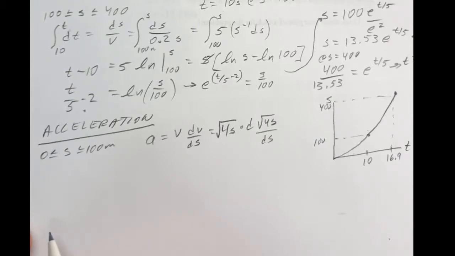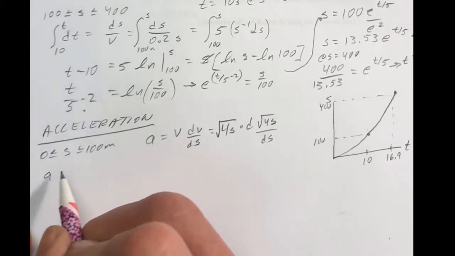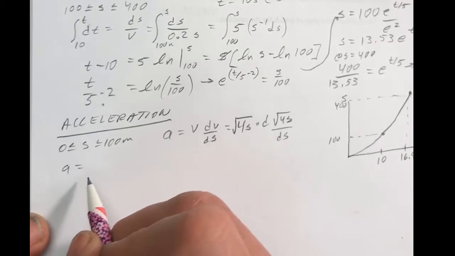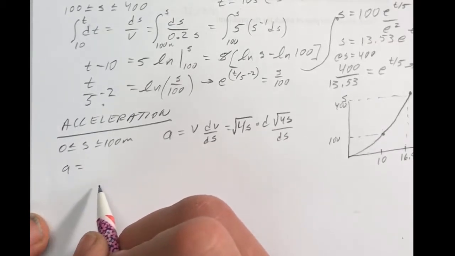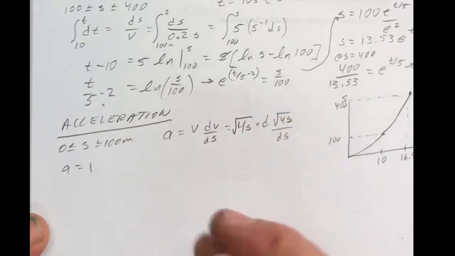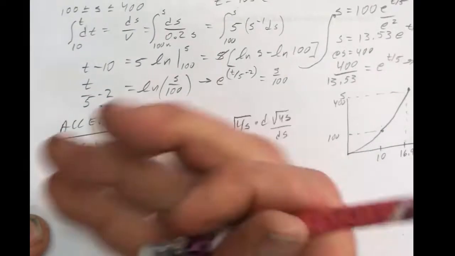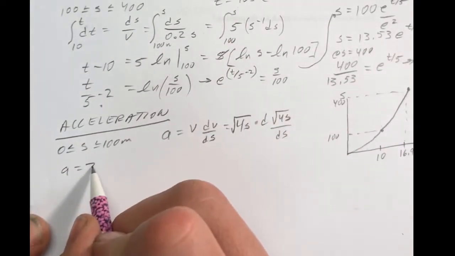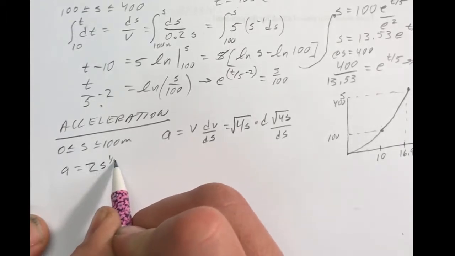Acceleration equals the velocity, which is the square root of 4s, or we know the square root of 4, we can simplify this a little bit, to s to the 1/2.